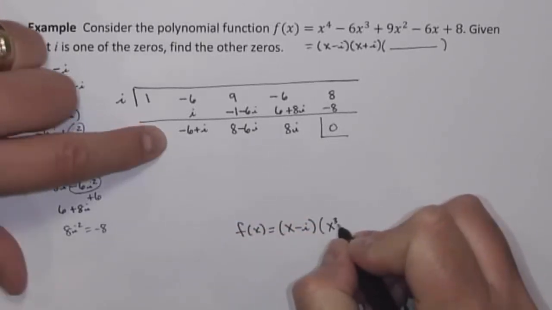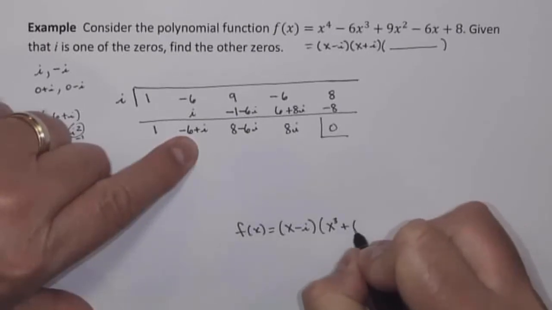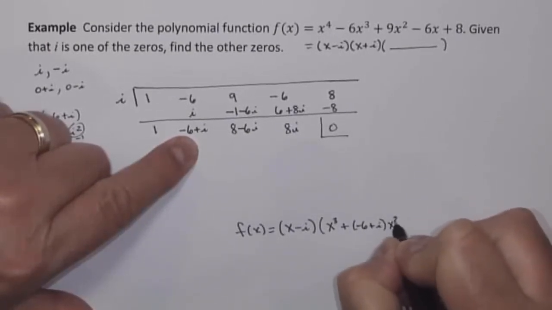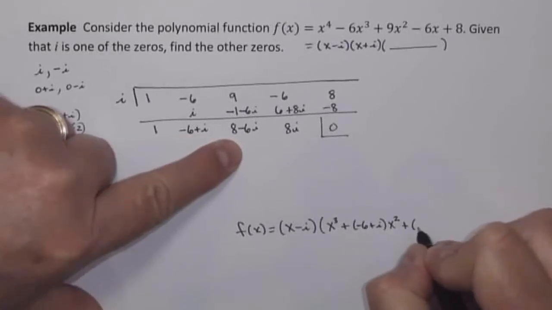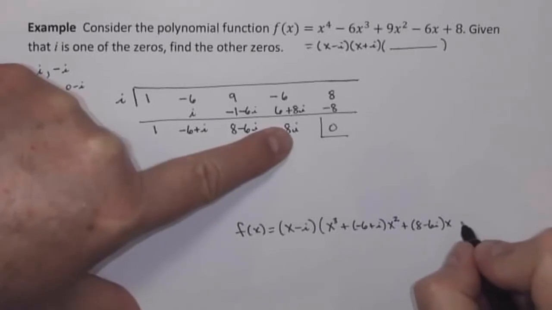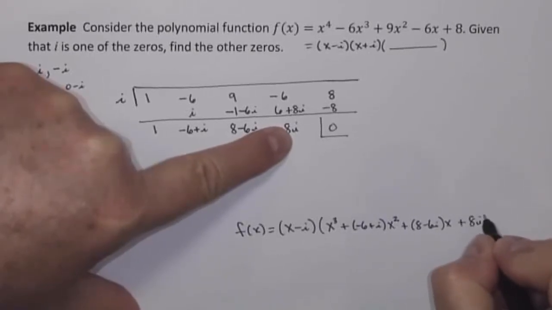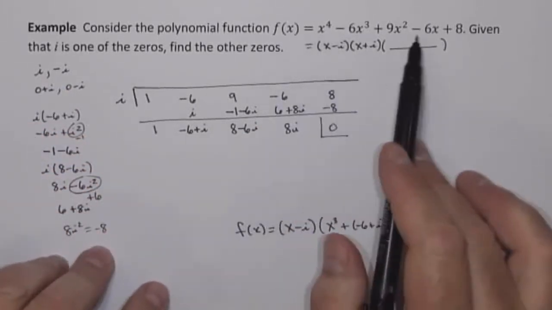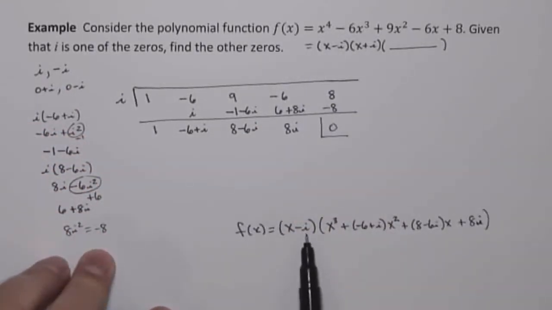So that's going to be x cubed plus, I'm going to have negative 6 plus i times x squared, plus I'm going to have 8 minus 6i times x plus 8i. So our polynomial function factors into x minus i times this.